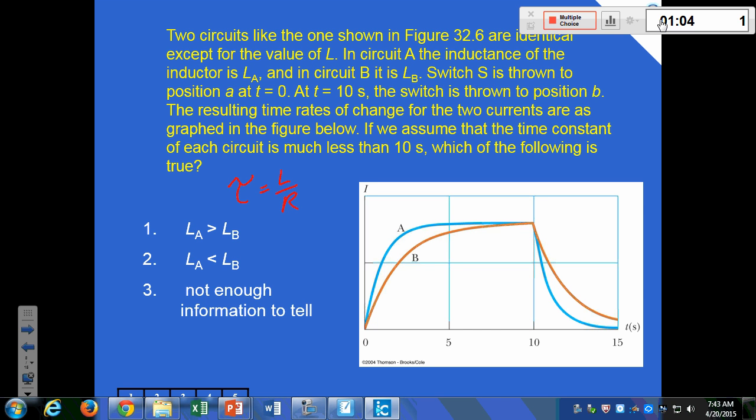So is the inductance in circuit A bigger or smaller than the inductance in circuit B?